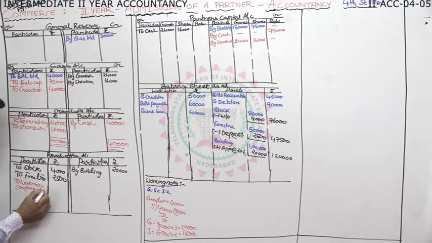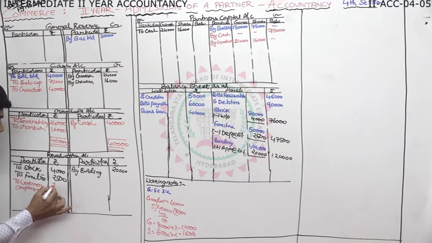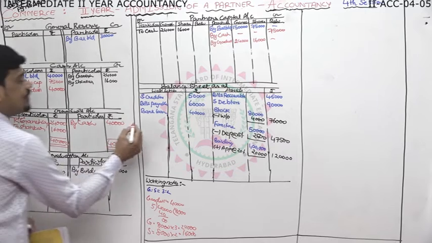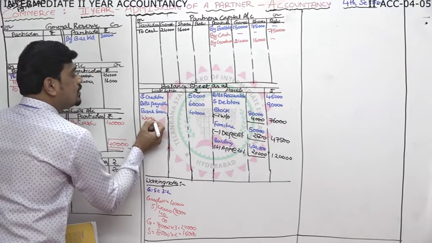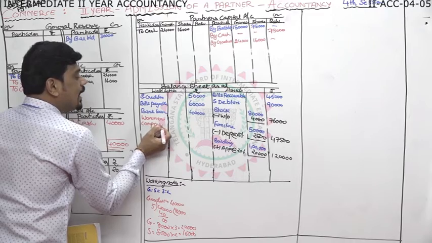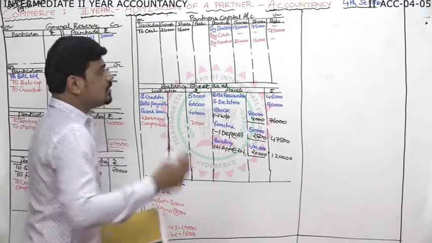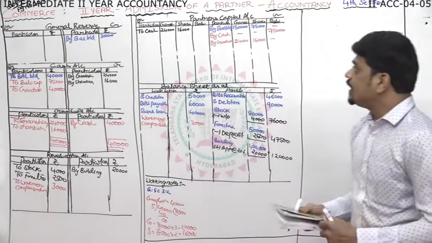How much is the workman compensation given to us? They say it is 3,000. Second effect, I am showing in the balance sheet as a liability, workman compensation, 3,000. Like this, all the postings are done, dear.